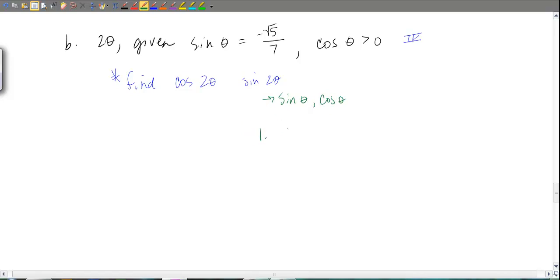Okay, so cosine theta, you can do all sorts of different things in finding cosine theta. Let's do the XYR.